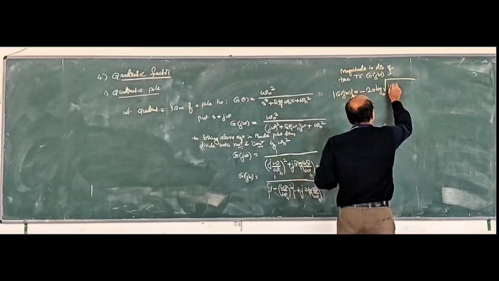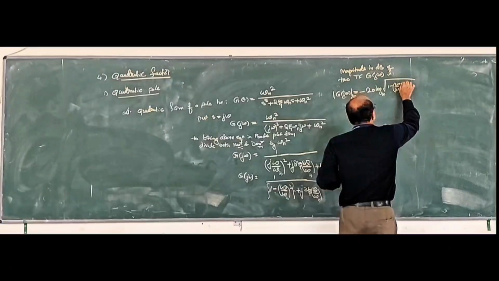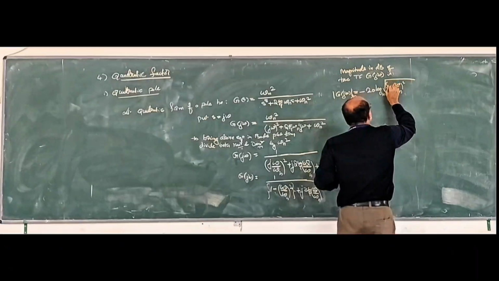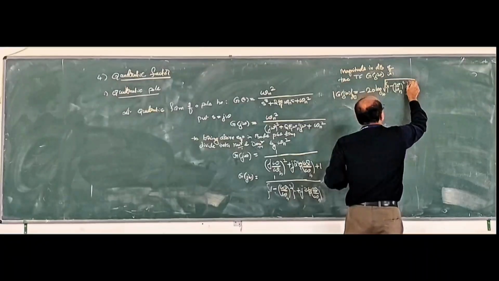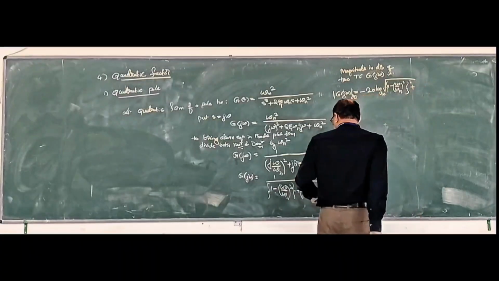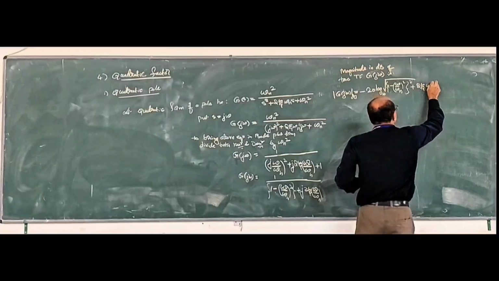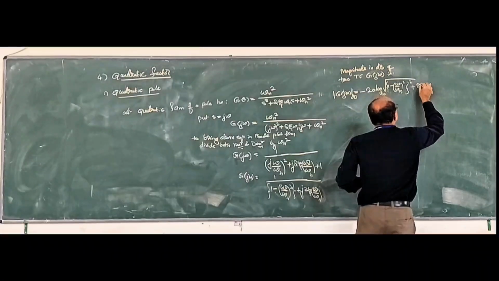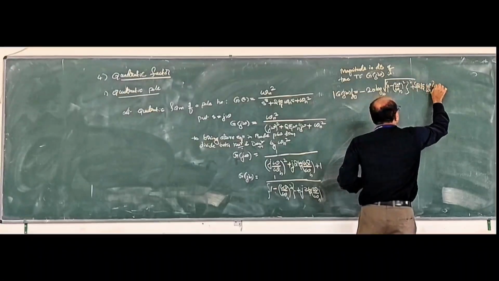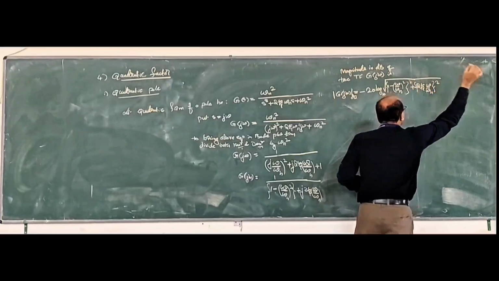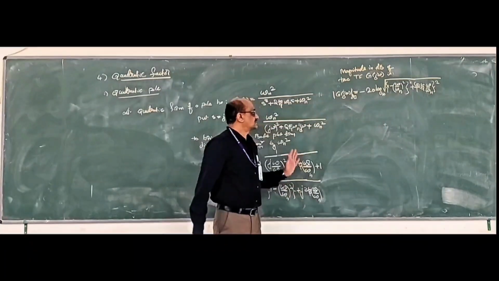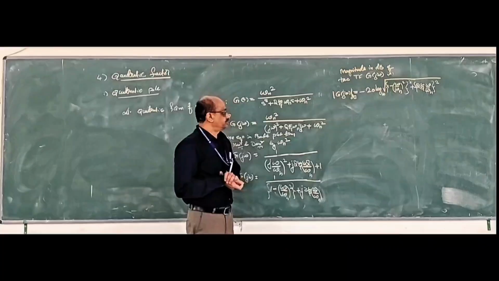So that means 1 minus (omega by omega n) whole square, plus (2 zeta omega by omega n) whole square. I got this expression now.